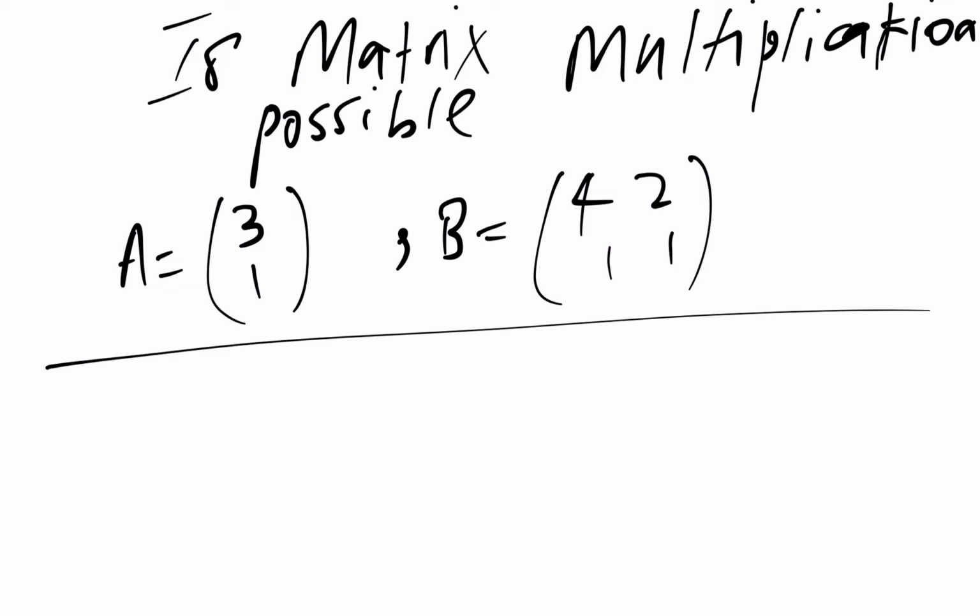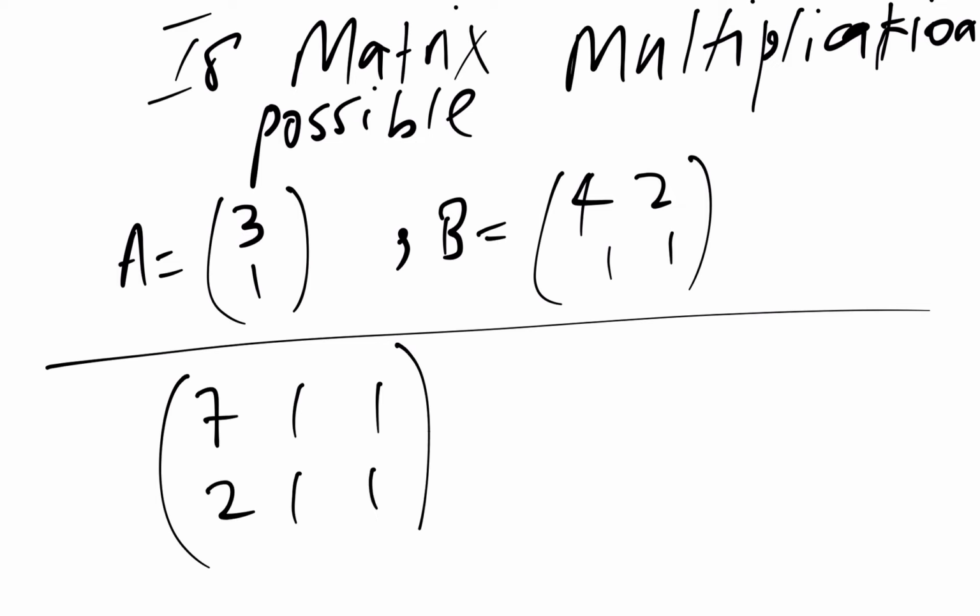It is computed by calculating the number of rows first, then the number of columns. If we have a matrix like [7 1 1, 2 1 1], to find the order of this matrix, you calculate the number of rows first, then the number of columns second. You don't make the mistake of first counting the number of columns, then the number of rows.